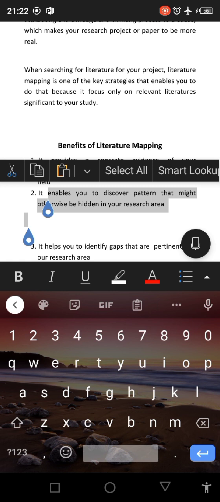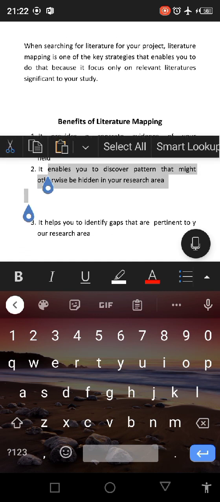Understand? The scope at which researchers have written about those things before. And what do I mean by scope? That is the length they've gone to research your area of interest.